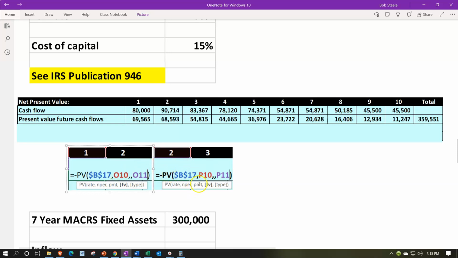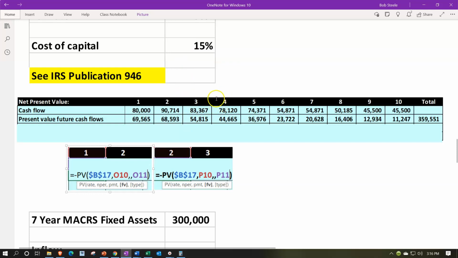Comma, comma, and the future value would then be this 90,714, which once again, you can see the cell reference moved from O11 to P11. So then that would give us the 68,593. If we continued on with this, period 3, the 83,367 present valued at 15% back 3 years is the 54,815.